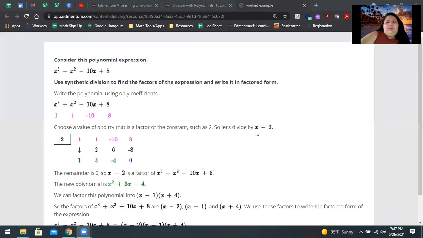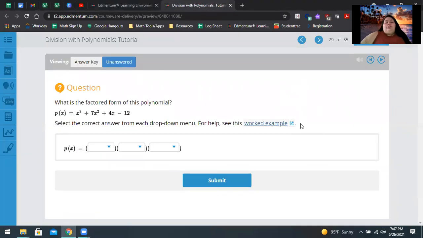I'm pretty sure we're going to use synthetic division. The thing is, we need to figure out what value to plug in, and it looks like they played around with values here. So what we're going to do is the same. All we need to do is find one. So let's take a look at our list here. You have a set of answers here.